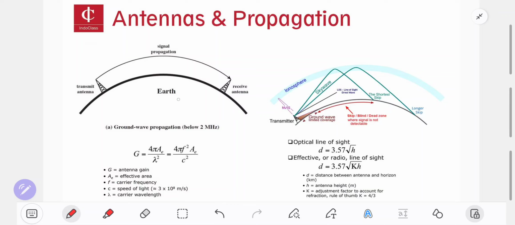And then, if this antenna receives that signal, that electromagnetic field can be changed to electric current.